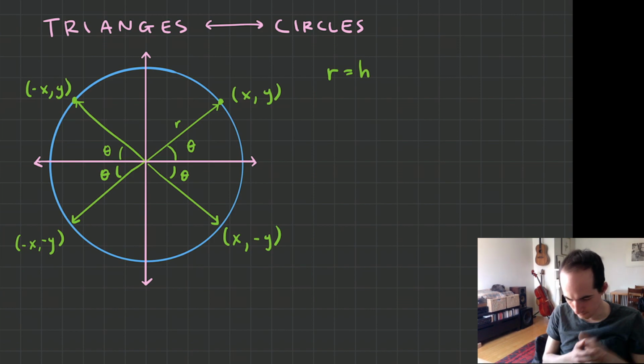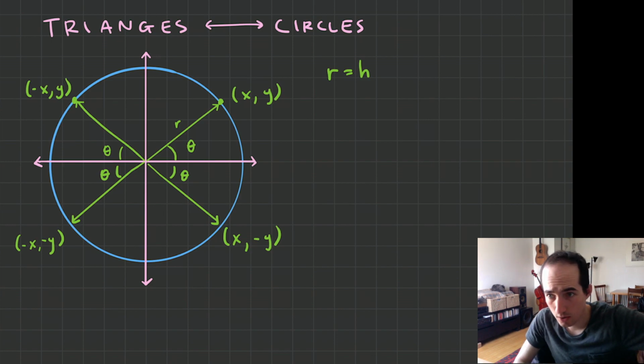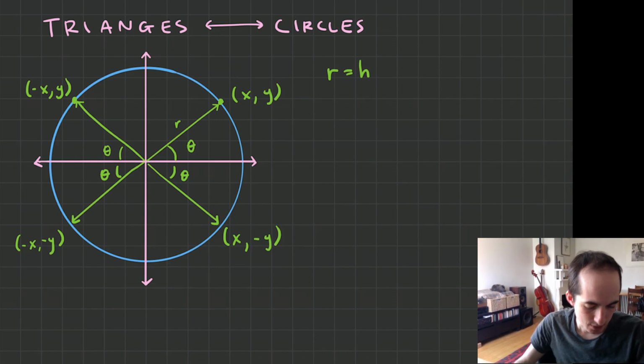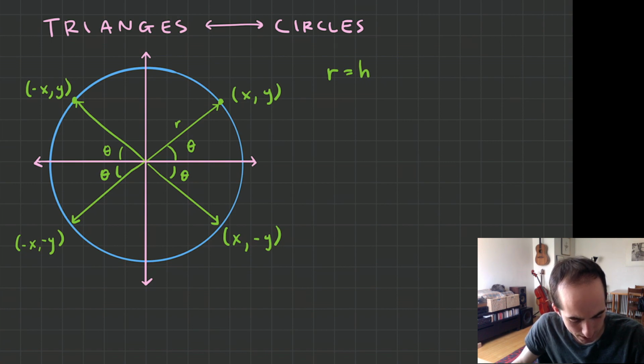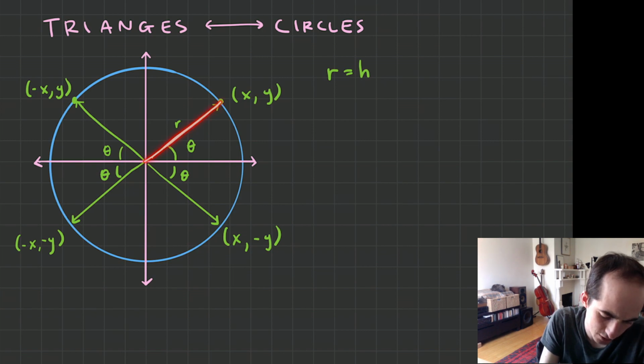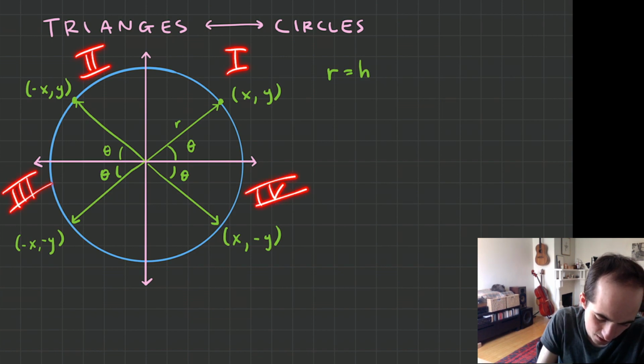So I'm just going to do a quick little review from what we were doing last week. It's been a while. So what we did on Friday is we took a look at this circle and we looked at, okay, well, I could have an angle here in this first quadrant. Remember, this is quadrant 1, 2, 3, and then 4 finally.